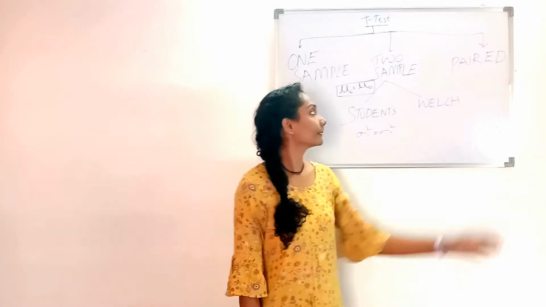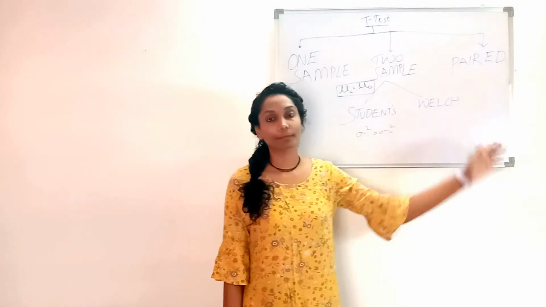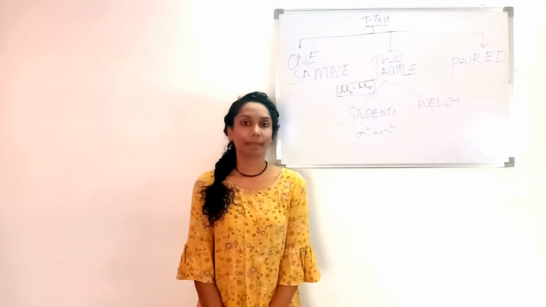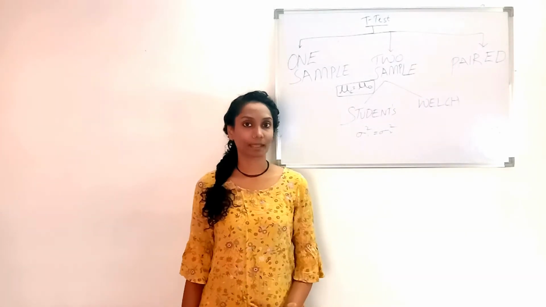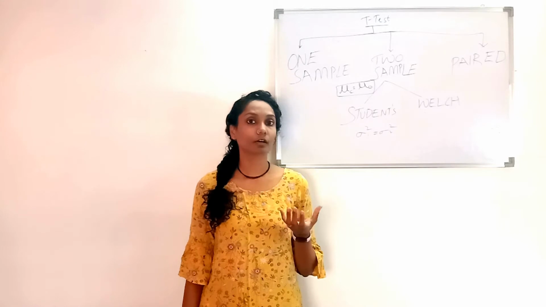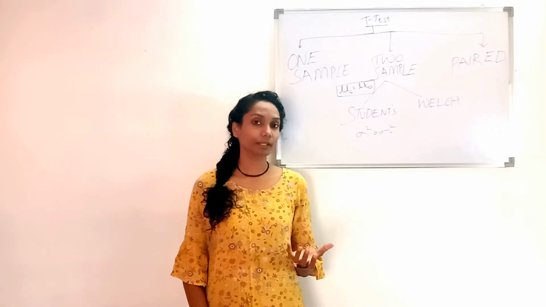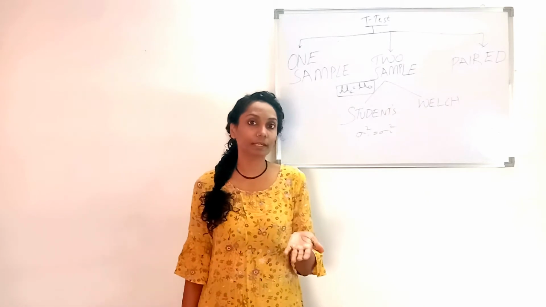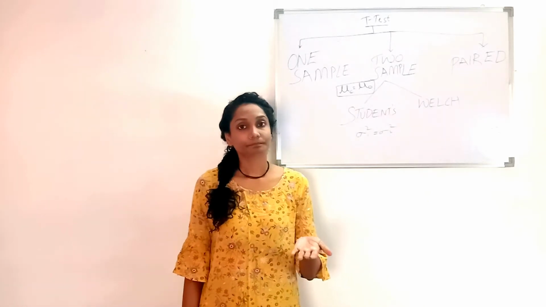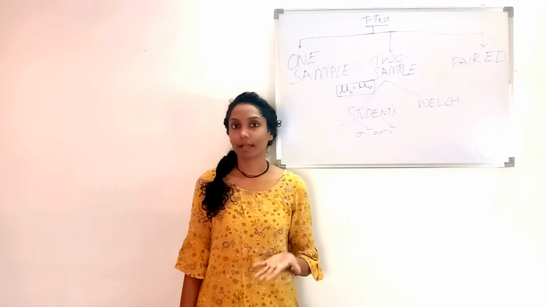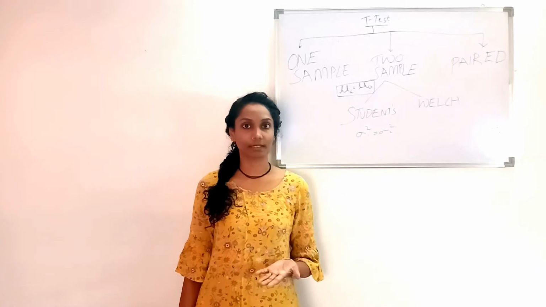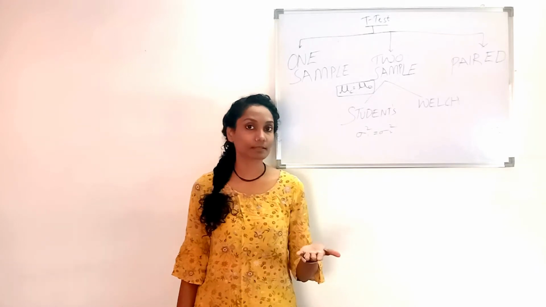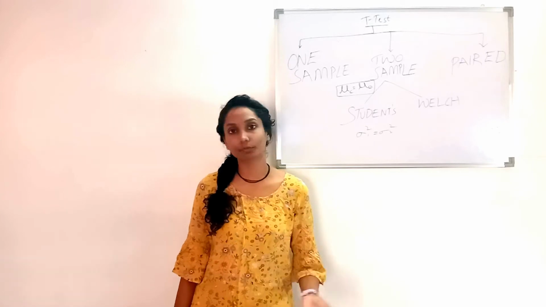And finally, we have the paired t-test. Paired t-test simply compares the mean of a variable with the mean of a related variable, or the mean of a variable at two different times. Say we are comparing the heights of men in Australia in 1990 against the height of men in Australia in 2020.